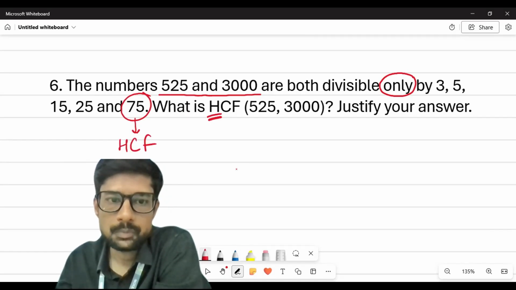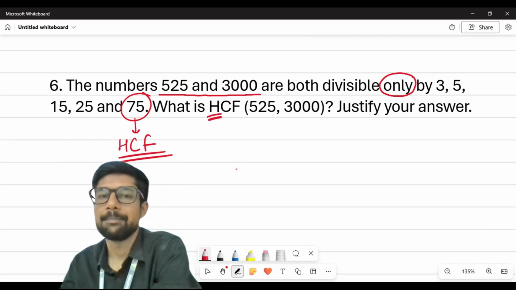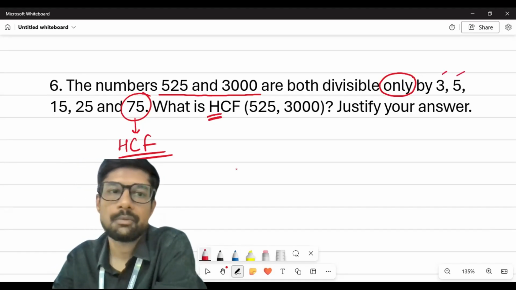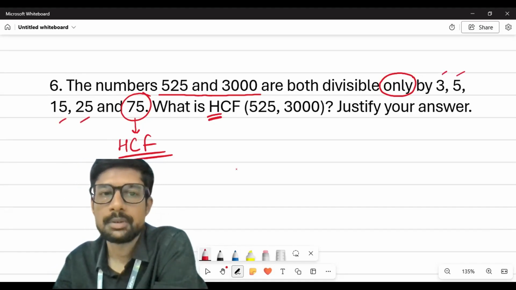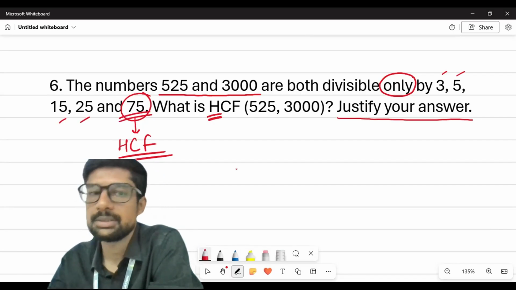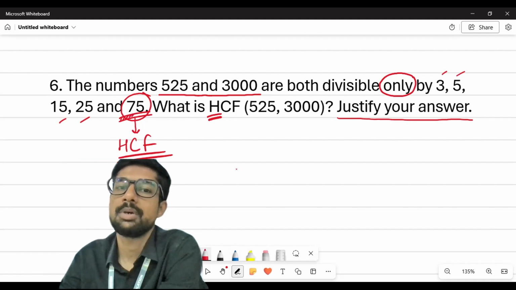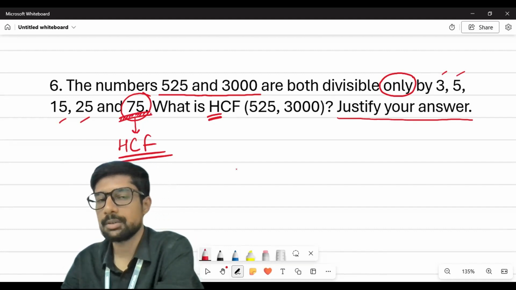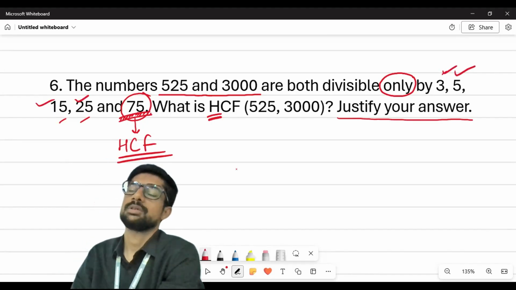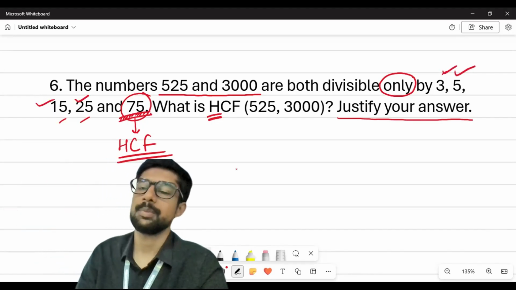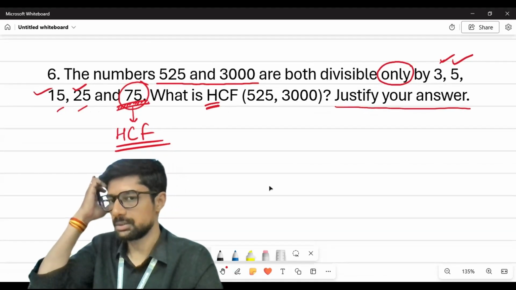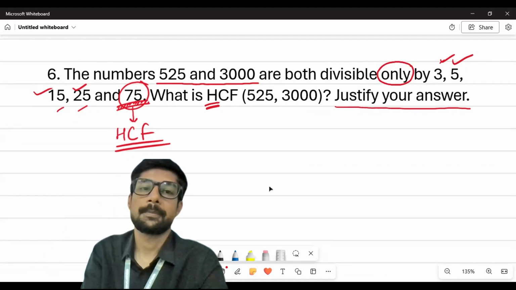It is also divisible by 3, also by 5, also by 15, also by 25. So yes, it is the highest common factor. And what we have to justify is this is the highest number which is divisible by all the other factors too. Just the statement about the HCF can be placed. So it was to be dealt like this. 75 is the answer.